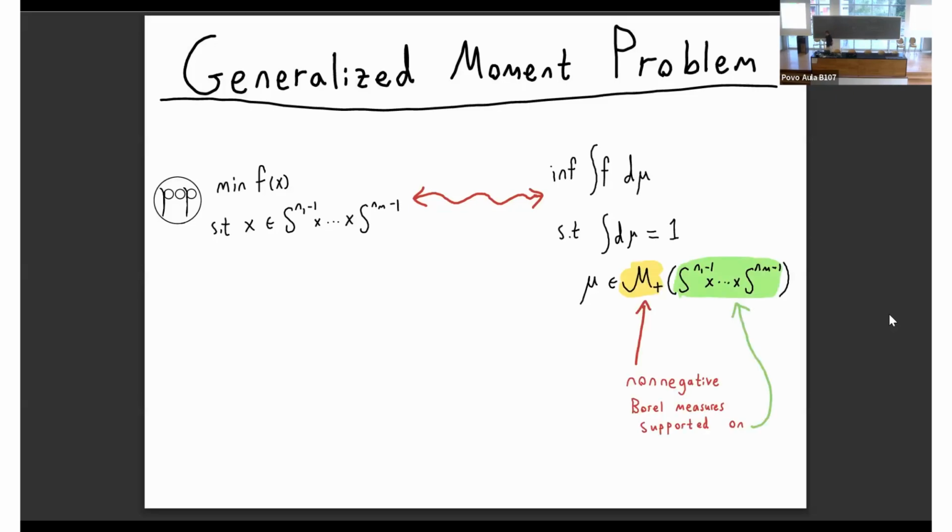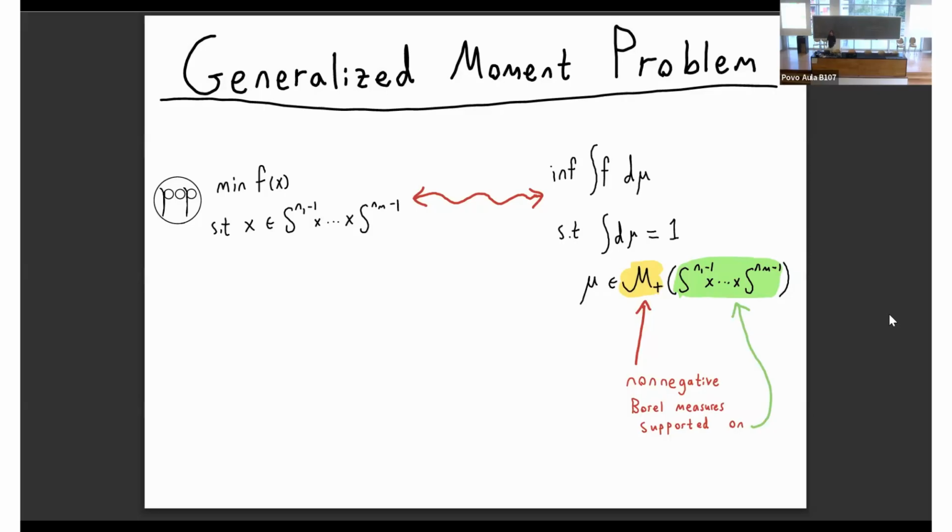This set is the non-negative Borel measures on the product of spheres, and this is actually a probability measure. You can think of mu being a Dirac measure, and then this will pick out the point where f has the minimal value. This is how you can see that these are the same problem.